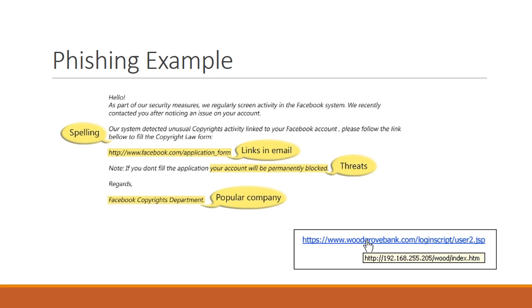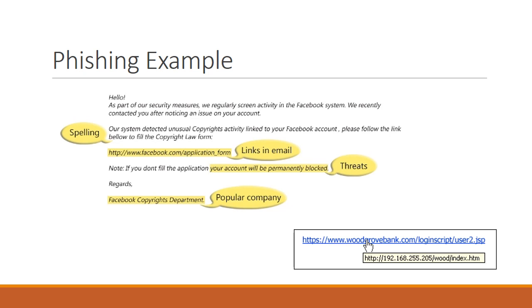But if you look at it closely, you will find commonly a lot of bad grammar, misspelled words, and there will always be a link to something or a file attachment. So anytime you get an email that has any embedded link in the email or a file attachment that you weren't expecting, consider it suspect.